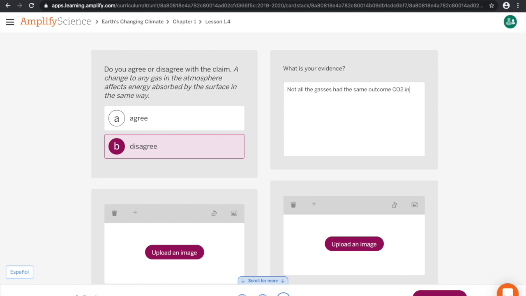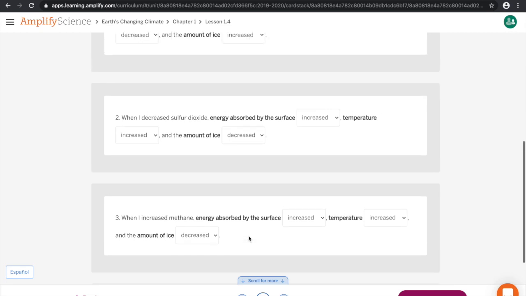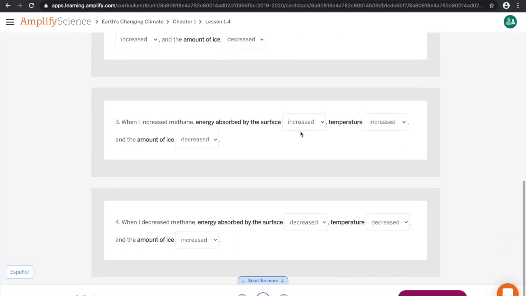CO2 increased temps when there was more. Let's take a look back at our data. Methane increased when we increased it, there we go.